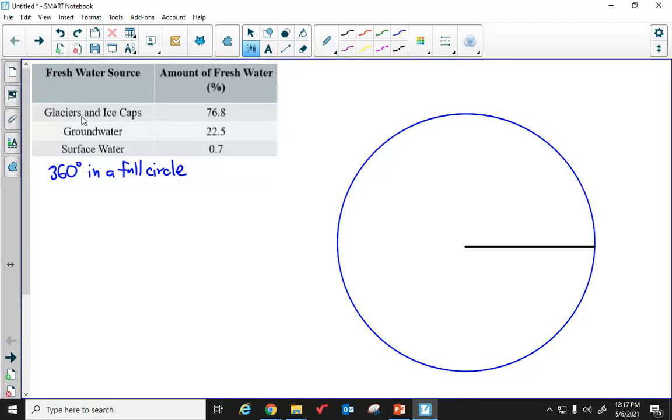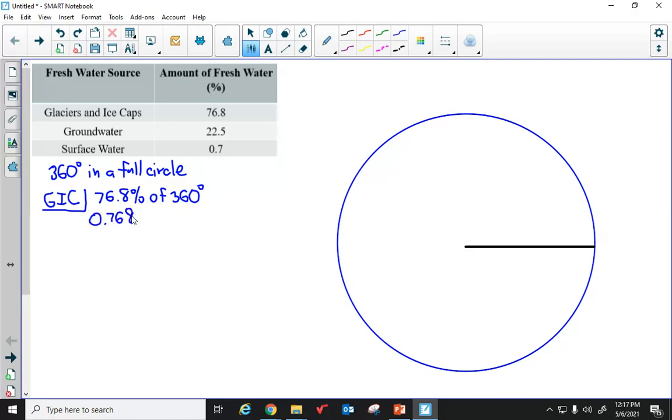So let's do glaciers and ice caps. I'll just abbreviate that as GIC, glaciers and ice caps. So to figure out that angle, I need to know what 76.8% of 360 degrees is. To find a percentage of a number, you first take that percentage and turn it into a decimal, 0.768.